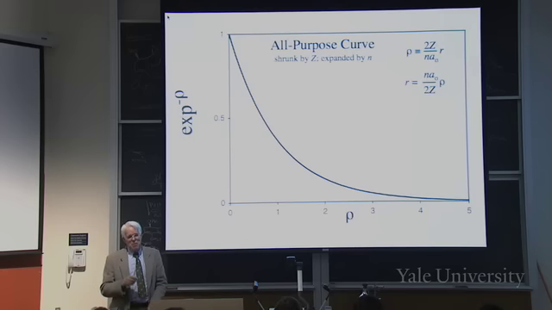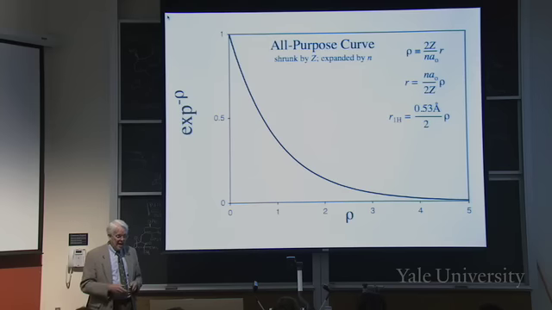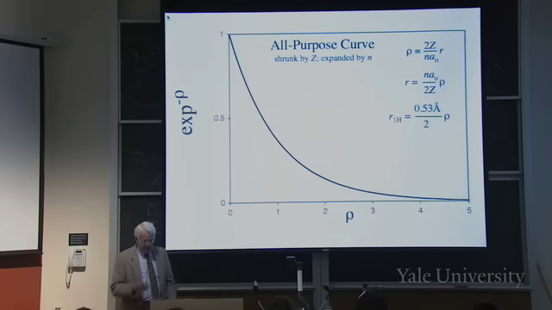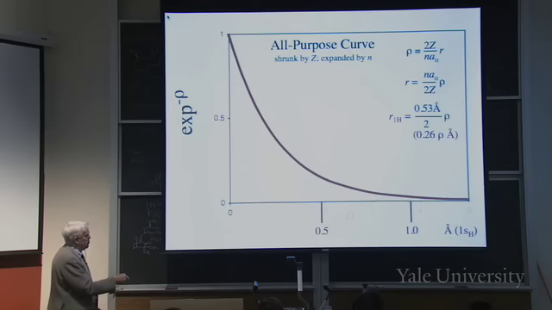If we want to make a new plot which has the horizontal axis being r, distance, instead of rho, then for the 1s orbital of a hydrogen atom, a0 is 0.53 angstrom, n is 1, Z is 1, so it's 0.53 over 2 times rho. So we could just put a new scale on there. Here's half an angstrom for hydrogen. Here's 1 angstrom for hydrogen.